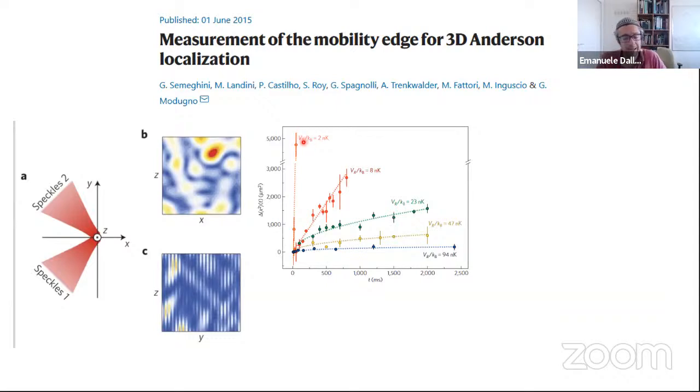This is just the width of the potential, say the maximum to minimum width. And so what you see is that the larger the potential is, the more the wave function is localized. And if you focus on the gray curve, what you observe is that initially there is an expansion.